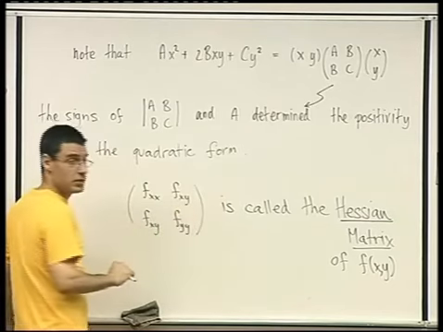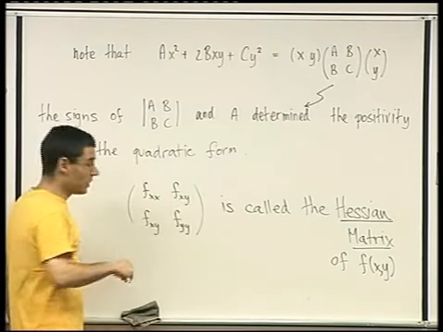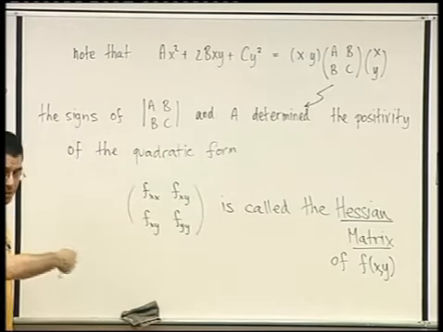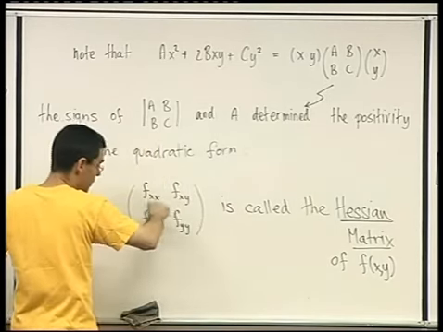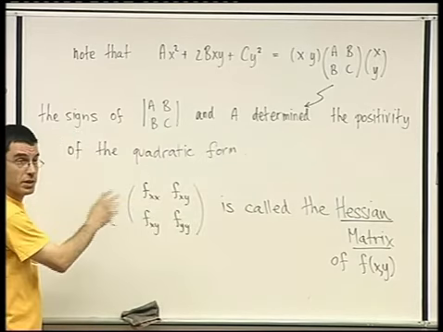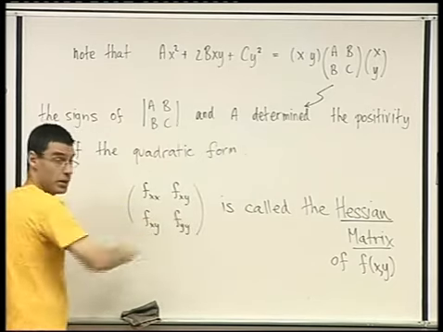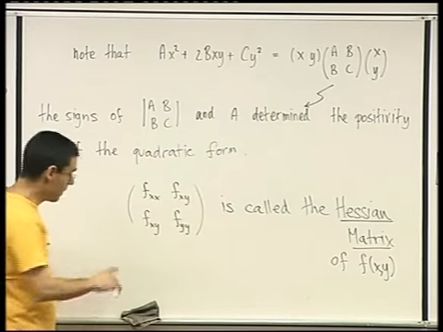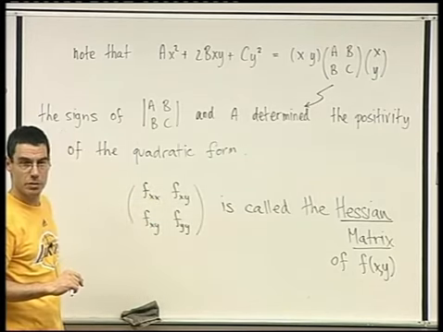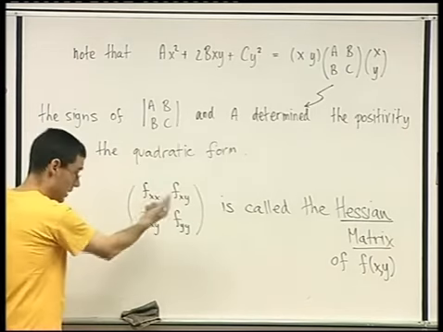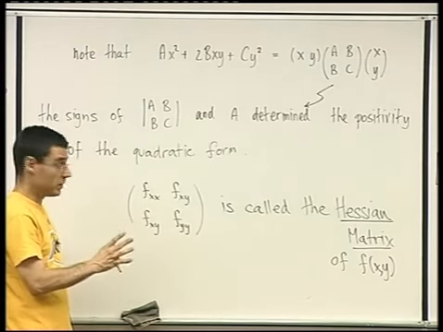And it's always going to be a symmetric matrix. So suppose this is a 3 by 3 matrix with three variables. It's going to have six different partial derivatives, right? Because it's symmetric, fxy and fyx are the same.